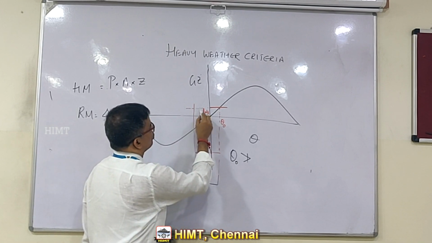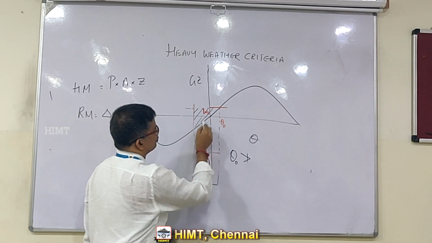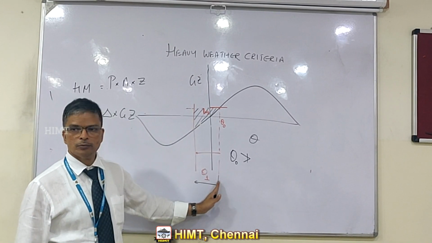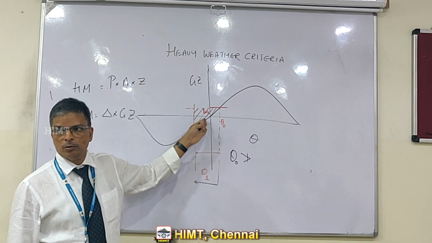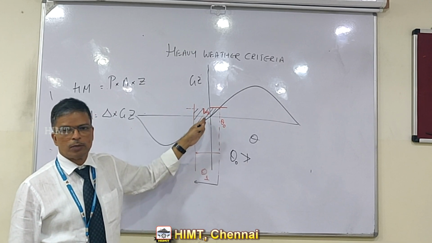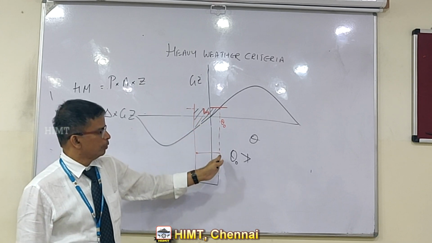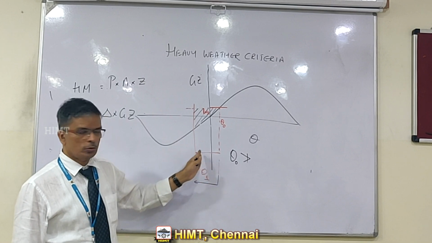Then if you calculate this area, the area which is here, okay, this area multiplied by displacement of the ship, what will that represent? No, the vessel was here, and due to rolling it came to this angle.